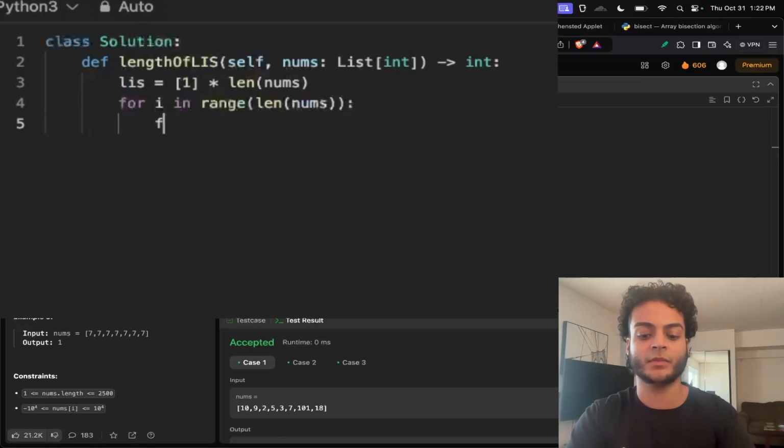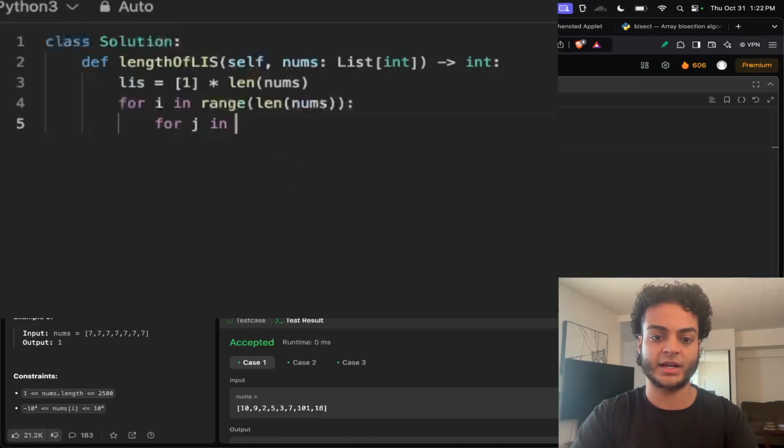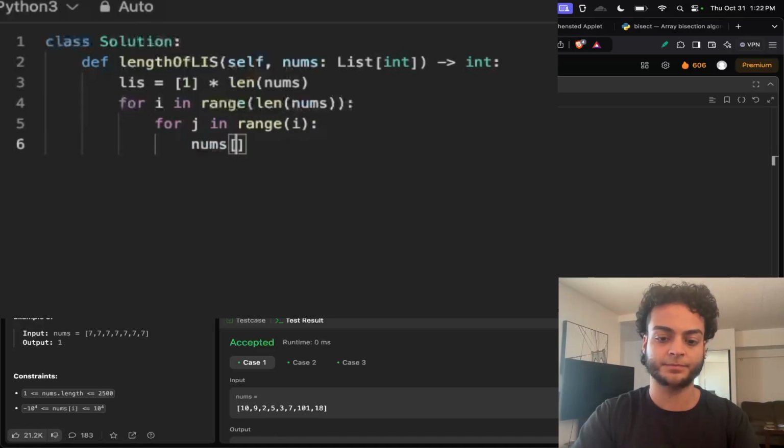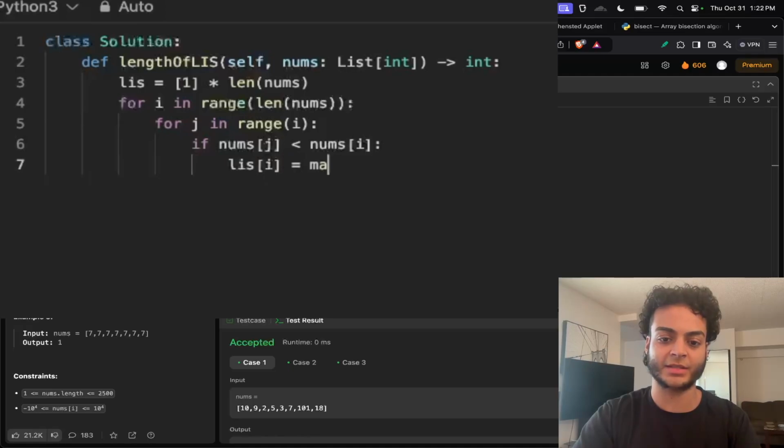So for each j less than i, if the number at j is less than the number at i, then I want to make sure that the value at i is updated to be the maximum possible.